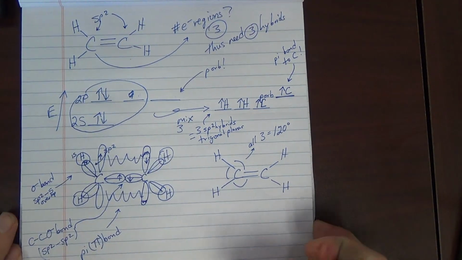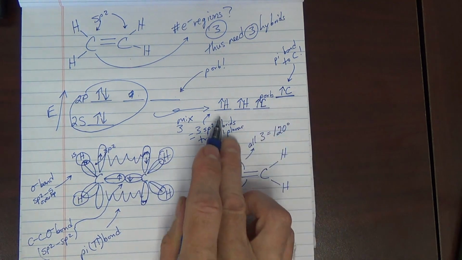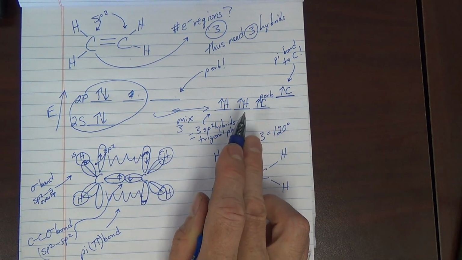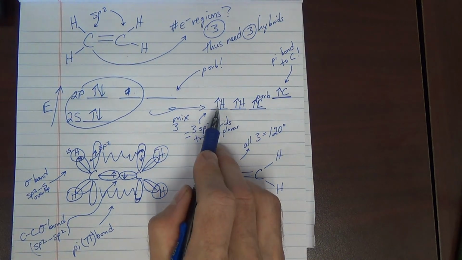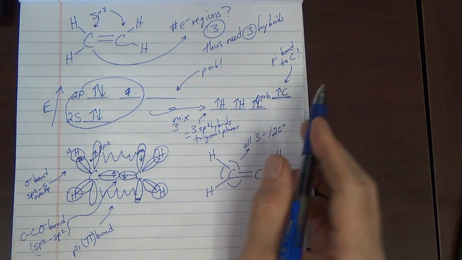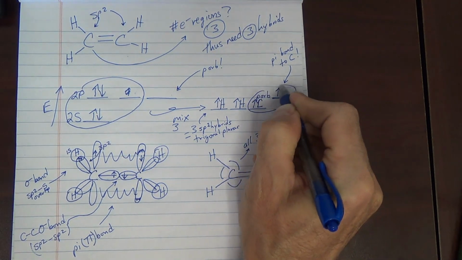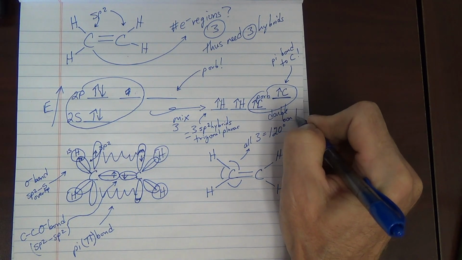And what type of orbitals do we use to make pi bonds? P orbitals. Hybrids typically make sigma bonds. So my graphing is a sigma bond to H, sigma bond to H, sigma bond to carbon, pi bond to carbon. Altogether, what is that? That is your double bond.